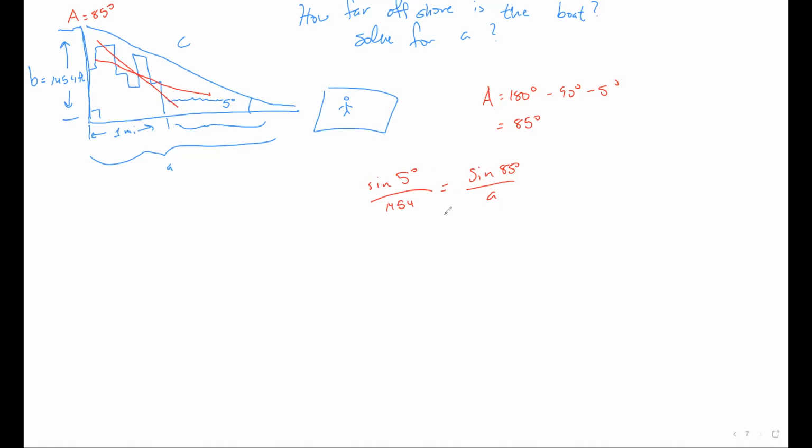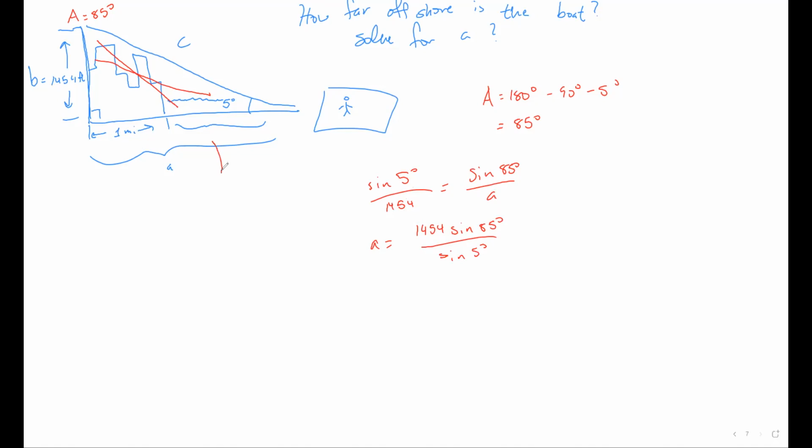Okay, and now we just solve for a. So I'm going to manipulate this expression a bit. We have a equal to, pretty sure this will end up being 1454 sine of 85 degrees all over sine of 5 degrees. You can double check me on that, but I think that's right. And that will be our answer for this entire side.